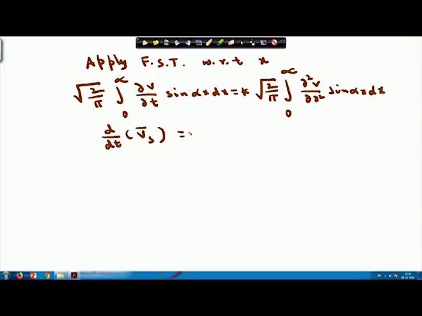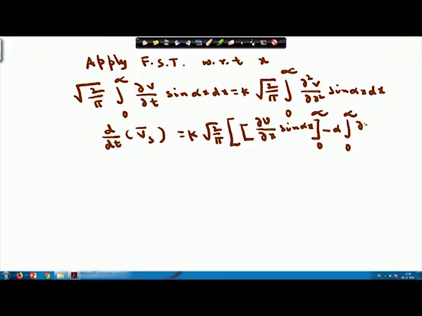And following a similar process to what we were doing earlier, you will get del v del x into sin alpha x from 0 to infinity minus alpha into integral 0 to infinity del v del x into cos of alpha x dx.